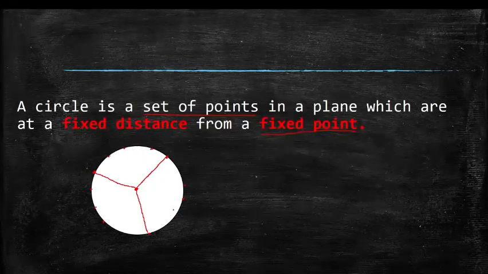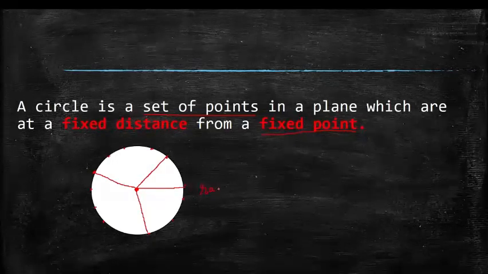We are getting a circle. This fixed point is called the center of the circle, and the distance from this fixed point to the boundary is called the radius, right? So now you understand what is a radius, what is a center, and what is our circle.